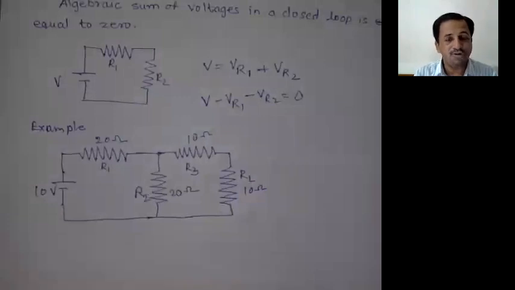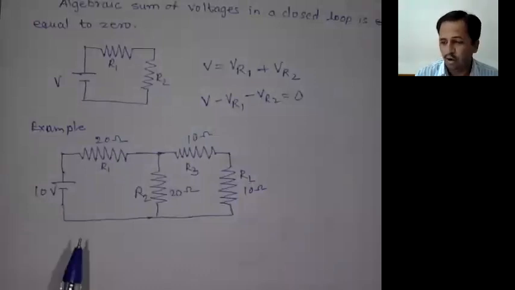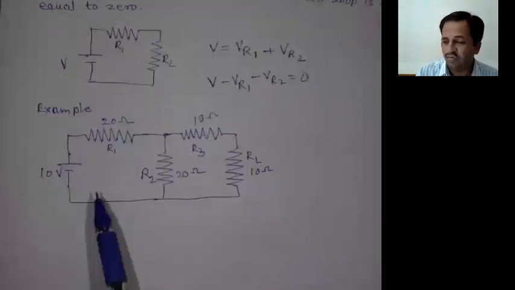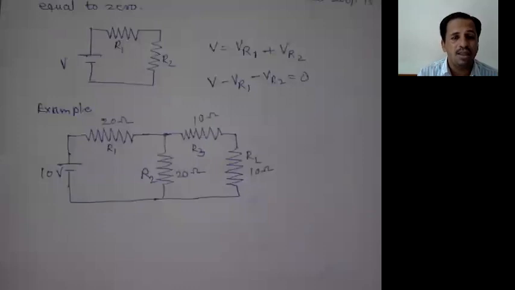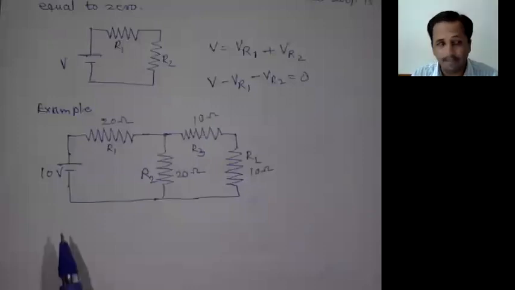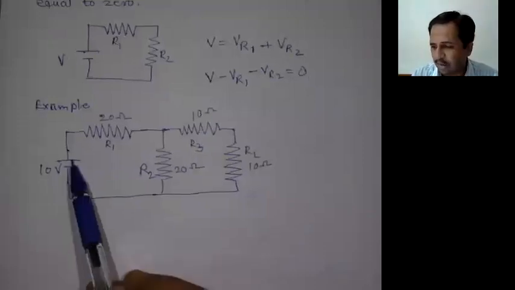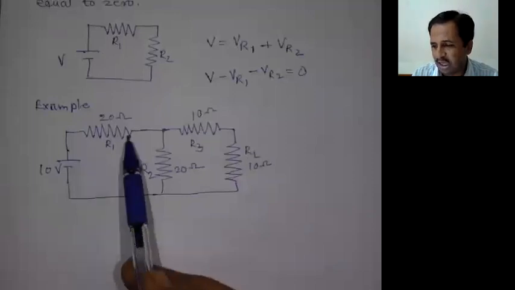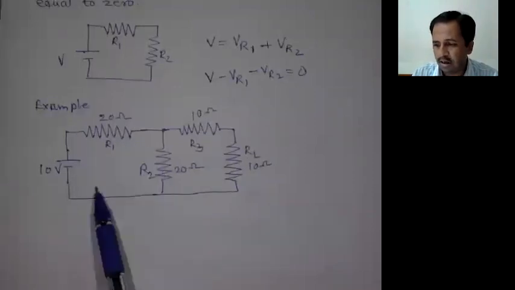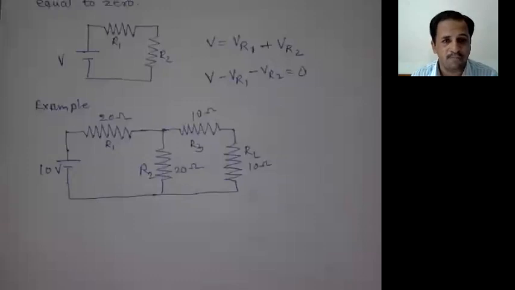Now by using Kirchhoff's voltage law, how is that law applicable? The voltage law must be applied to a closed loop, so first we have to find the closed loops. Here, from the supply voltage positive through resistor R1 and R2 to the negative, one loop is found.